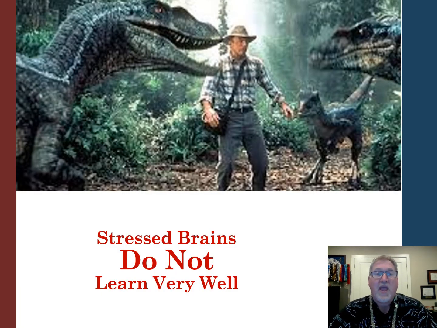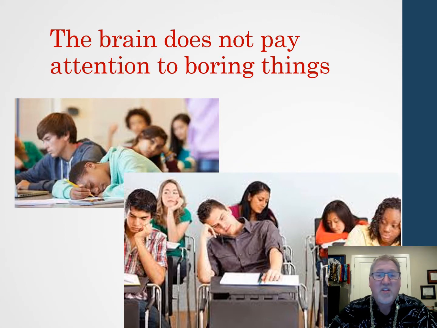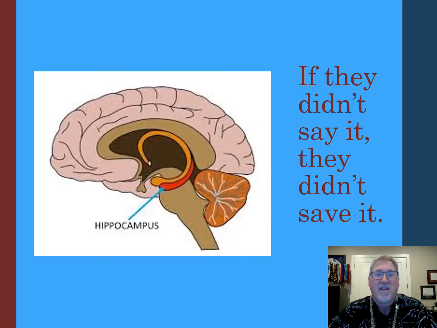I'm going to give you a tagline for talk to learn. Remember in ready to learn, when we were talking about amygdala management, we said stressed brains do not learn very well. In what to learn, when we're talking about learning targets, we said that the brain does not pay attention to boring things. Well, now with talk to learn, we have a new catchphrase: when we start talking about the students learning, if they didn't say it, then they didn't save it.